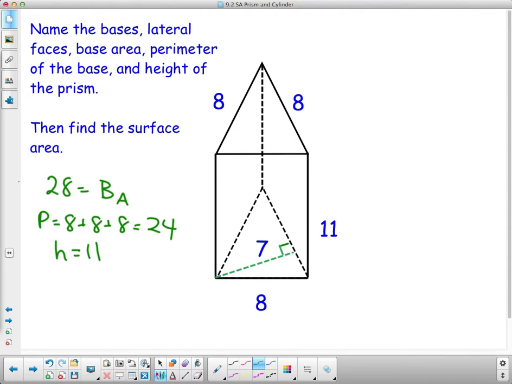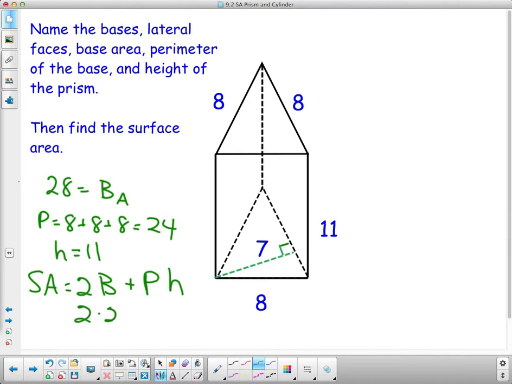So once we have all this listed, it's easy to do the surface area. That's what I'd like you to do on your assignment, is write that down. So finding the surface area, we have to take 2 times the base area and then perimeter times height.